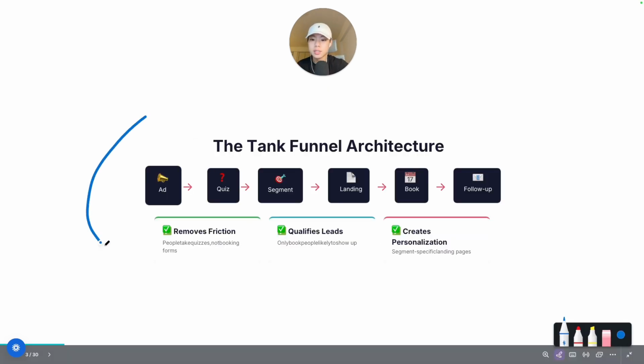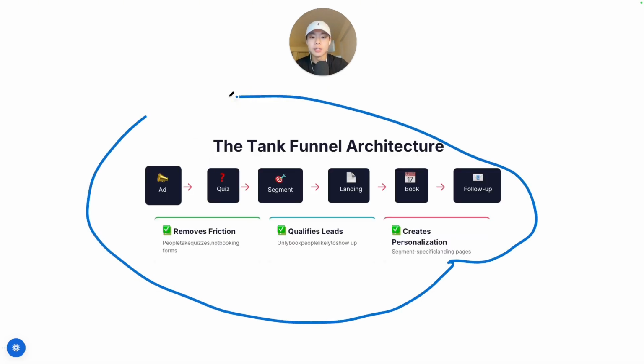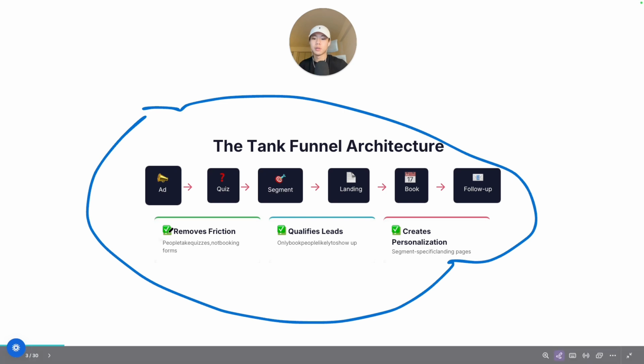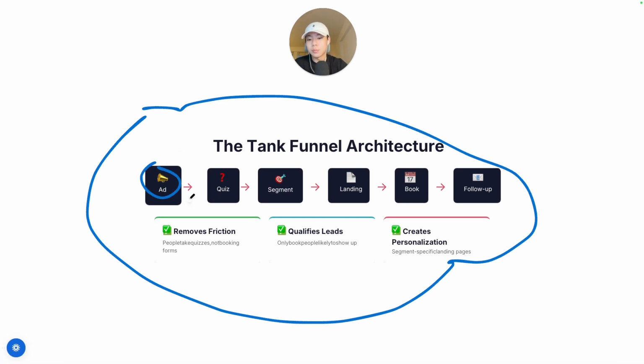This is the entire architecture of the tank funnel. We're just going to run you guys through it. From the ad, we go straight to the quiz. What a quiz is, I will cover in the next slide. From the quiz, we'll segment. Based on the answers the lead gives on the quiz, we will funnel them to different outcomes, so different confirmation pages, different booking links or whatever you want to call it.